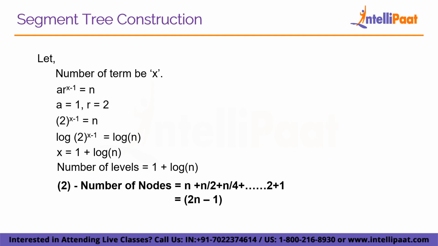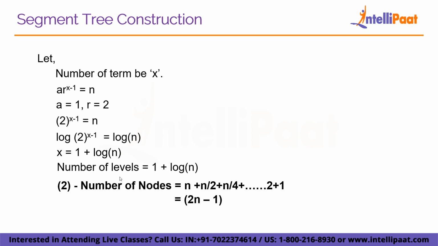We let the number of terms be x and use the GP formula, sum equals a times r to the power x minus 1, equal to n. Taking a equal to 1 and r equal to 2, we get 2 to the power x minus 1 equal to n. Now taking log base 2 on both sides, we get log of 2 to the power x minus 1 equal to log of n. After solving, we get x equal to 1 plus log n.